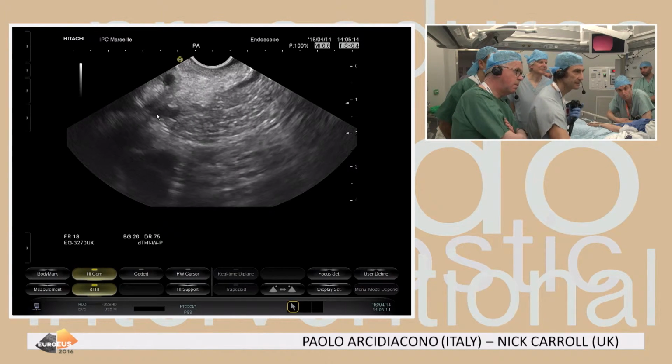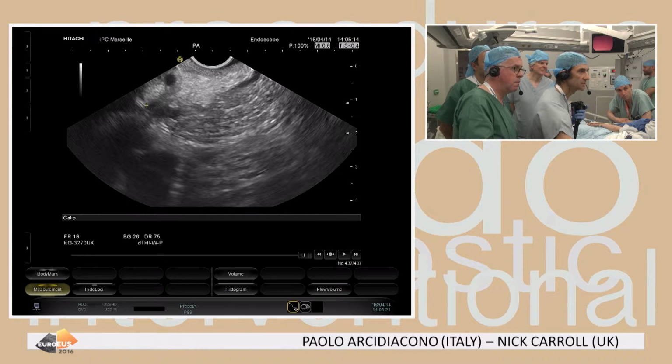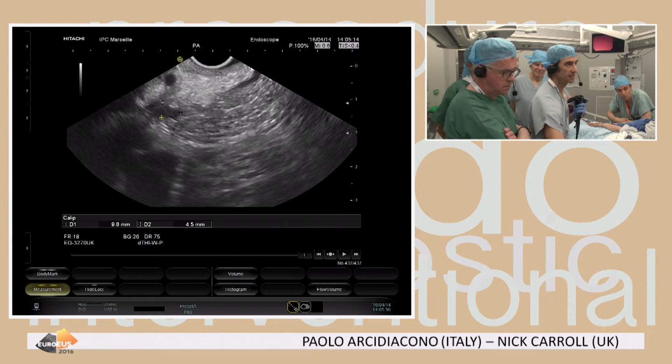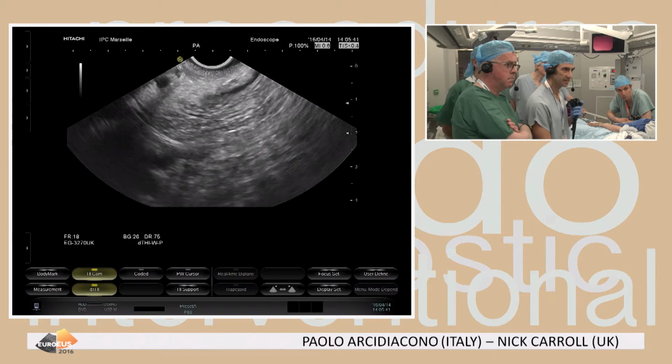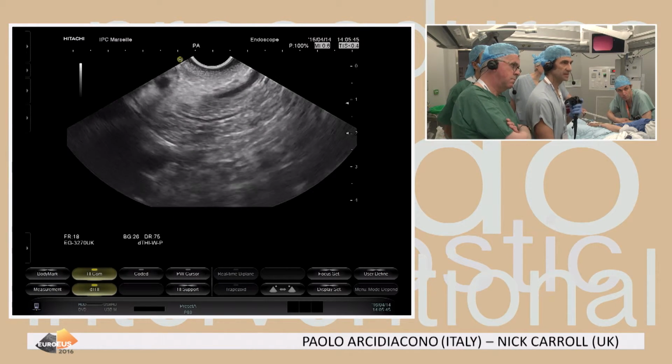Okay, here we are, and we can measure that. There is a dilation of the ventral duct, which is 9.8 millimeters long and 4.5 millimeters in size, and we can clearly see the ventral duct going into this area.